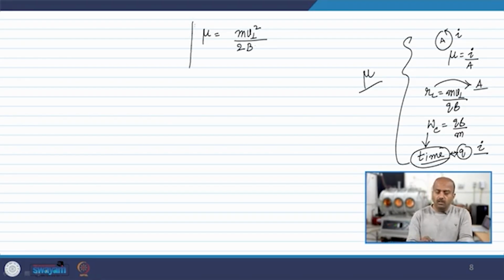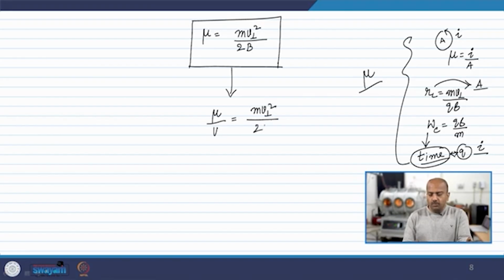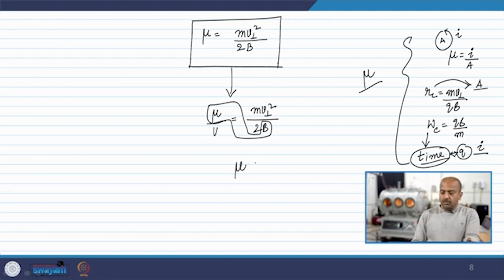This is a very important formula that we have to remember, and we very well know how to derive it. But more importantly, one crucial aspect that we have to keep in mind is that the magnetic moment is proportional to 1 by B.